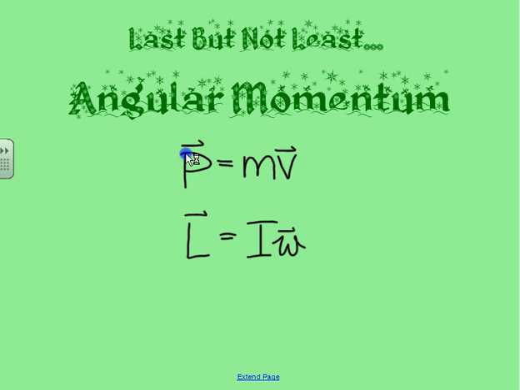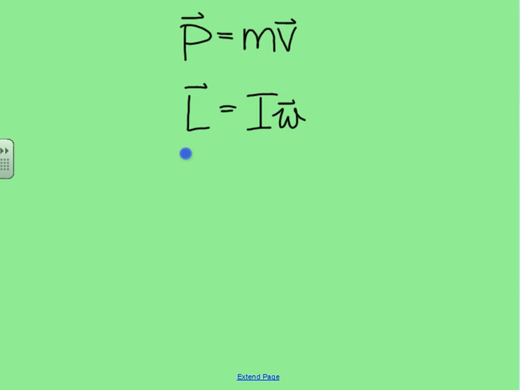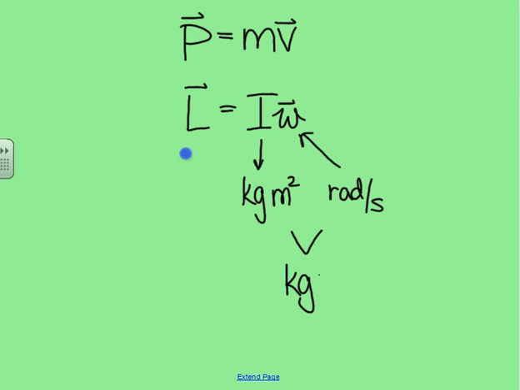The units, as we can tell, for this are kilogram meters squared, and the units for omega are radians per second. And when we multiply kilogram meters squared times radians per second, we get kilogram meters squared per second.